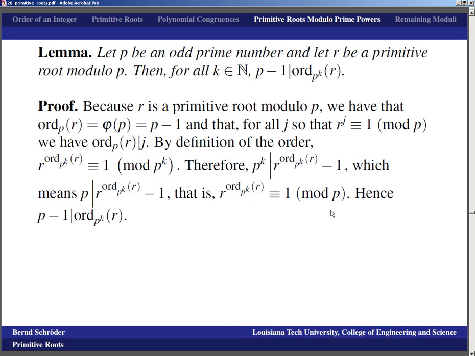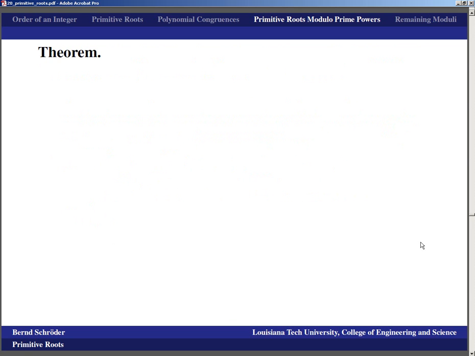But that means that p minus 1 must divide the order of r modulo p to the k. And yeah, that's what we wanted to prove, right? That's because the order of r modulo p to the k is one of those exponents j so that r to the j is 1 modulo p.